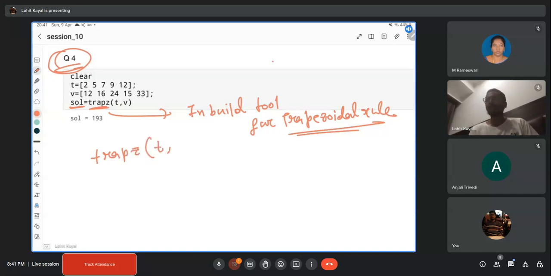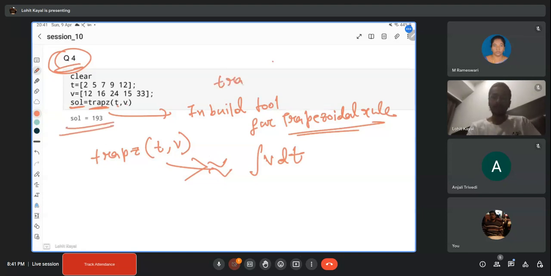T means the independent variable. It is actually the integral of v dt, using the trapezoidal way. Trapz t, v will give you the solution.